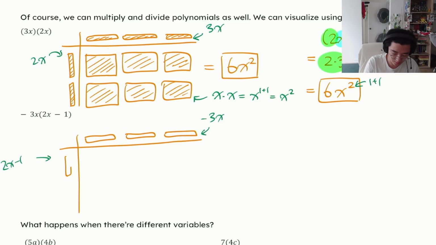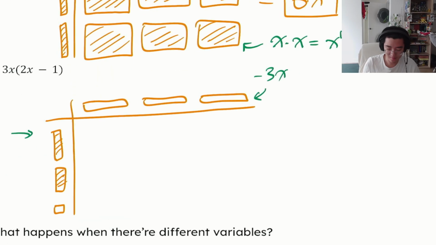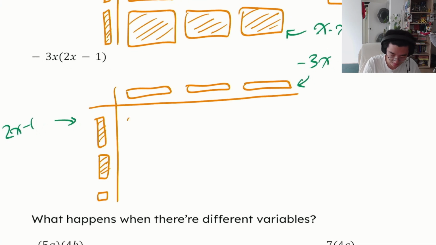So two positive strips, that's our 2x, and then a minus 1 dot, because that's a minus 1 tile. Let's look at the area. We have a length of positive x and a length of negative x. Multiplied together, we get negative x squared.